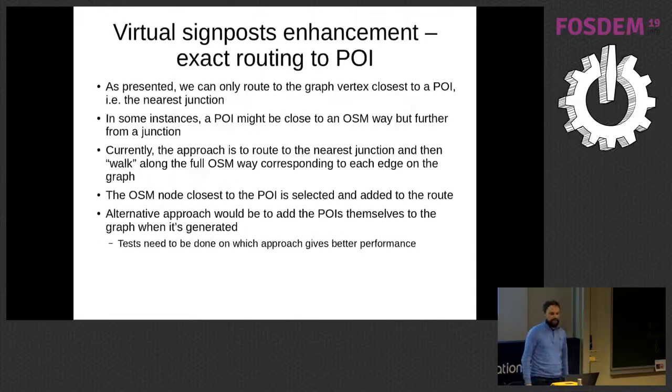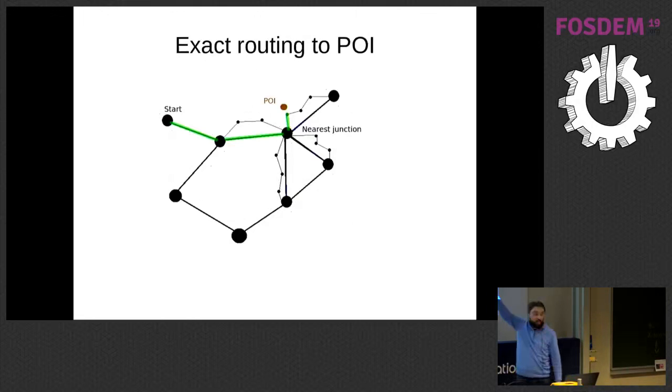Okay, a bit of an enhancement would be exact routing to a point of interest, because a point of interest may not be at a junction node. In other words, it's not at a vertex on the graph. So in those cases, I first of all route to the nearest junction node, and then I walk along each OSM way leading from that junction node.